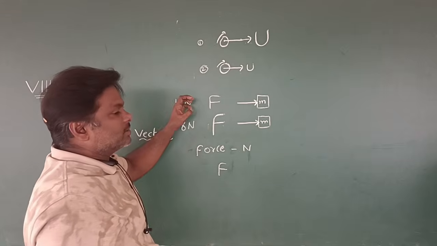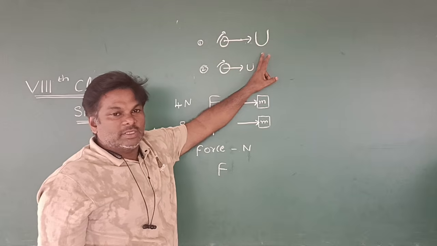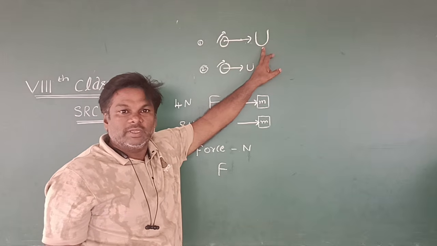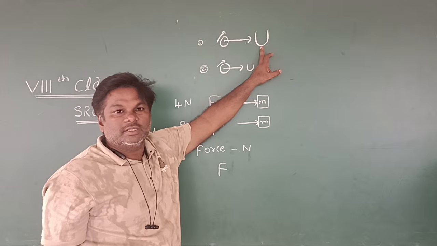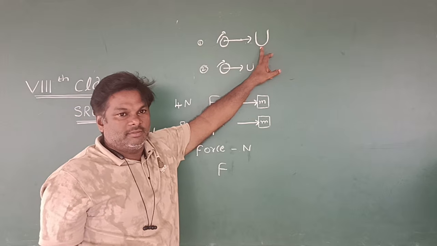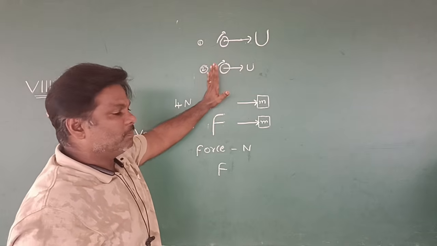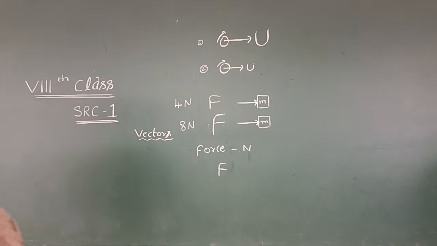Which is moving with the more velocity? So you can say this one. This is moving with the larger velocity. So magnitude of this velocity is high. So from these two examples, you came to know what is magnitude. That is nothing but the size or the strength of that physical quantity.